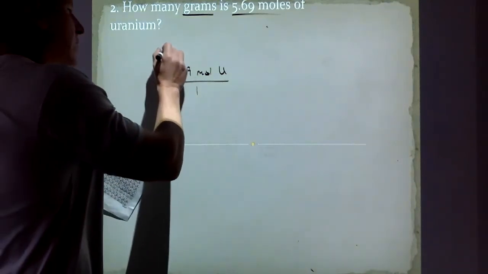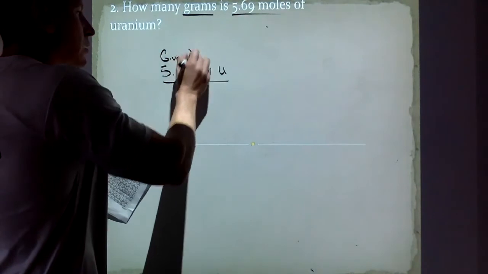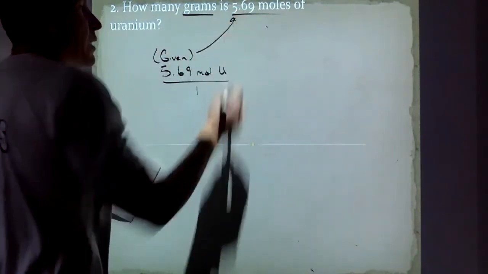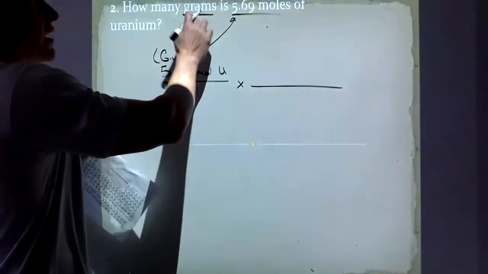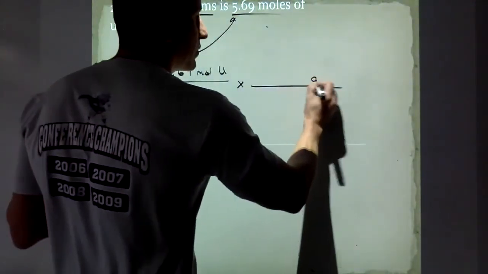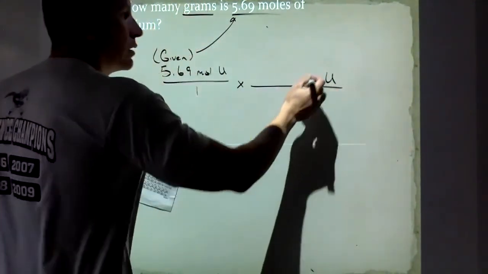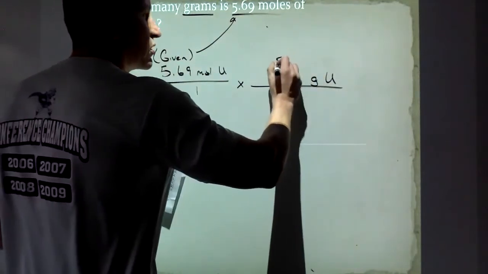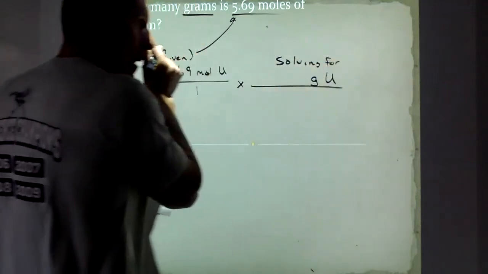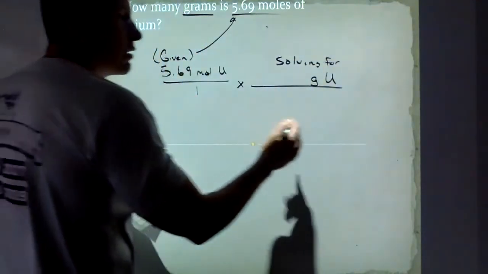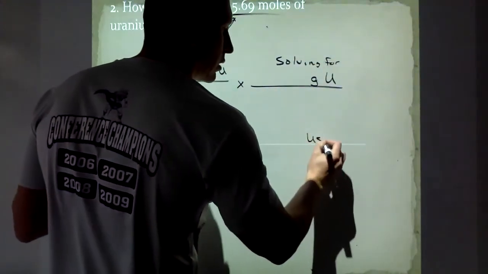So let's label this. This is what was given to me. Okay, it was given to me in the problem. I was asked to solve for grams. So I'm going to put grams of uranium right here. So this is what you're solving for. All right, and down here is what I've already used.